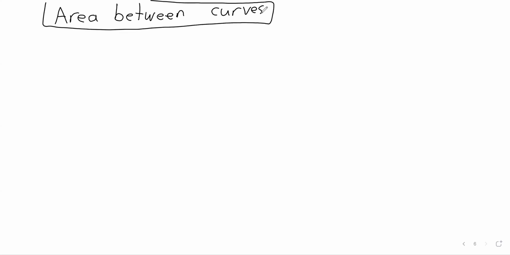So the integral and area are related to each other. I mean, back in Math 151, this is how we introduce the definite integral. We give an example, we say that the area under a velocity curve is distance. So how do we find this area?